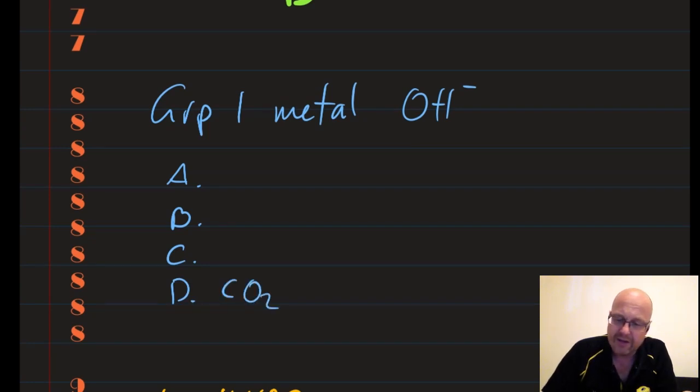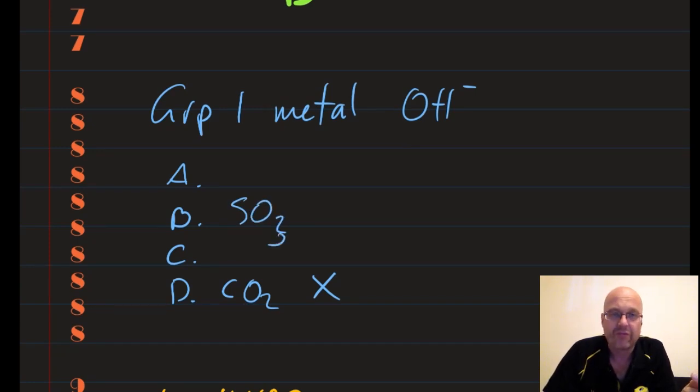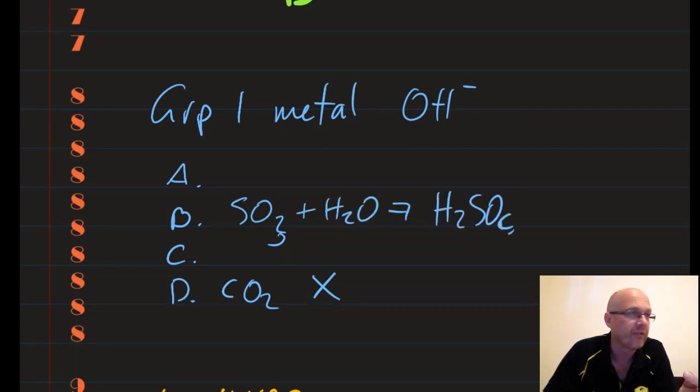CO2 is an acidic gas in water. It's a natural acid in acid rain, in non-man-made acid rain, just naturally occurring rain. So D's wrong. B's wrong. SO2, so SO3, that's wrong. If you add that to water, then you get sulfuric acid that has a low pH, so that's going to be wrong.